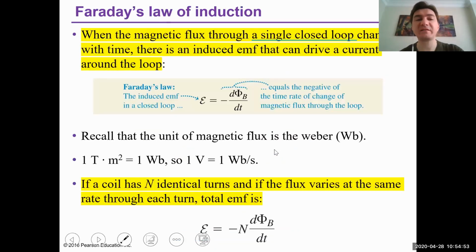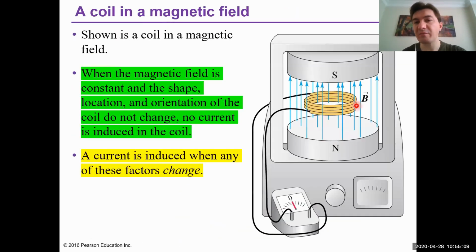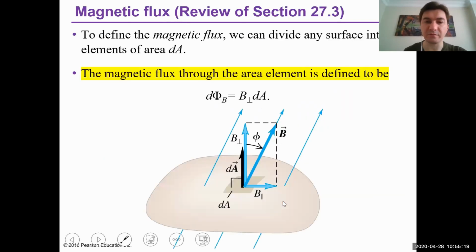This gives us the Faraday's law. When the magnetic flux through a single loop changes with time, there is an induced EMF that can drive a current around the loop, okay? So if you change the magnetic flux through that coil, then there will be induced EMF and induced current within that loop.